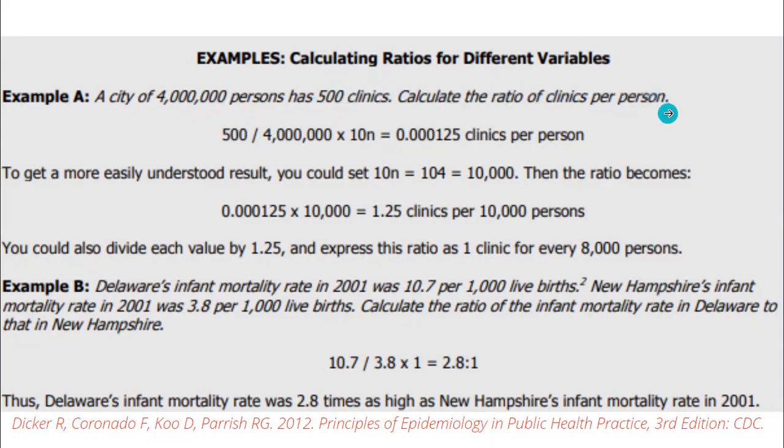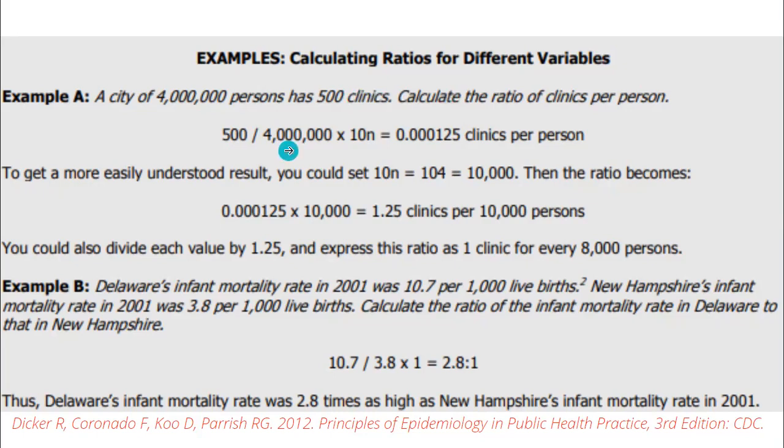So per person, our numerator would be the total number of clinics, since we are going to calculate its ratio per person. The total number of clinics is represented by 500, and the total population or the number of people in that particular city is represented by 4 million.